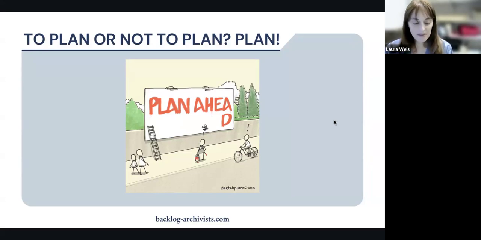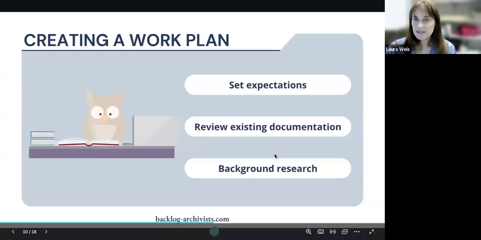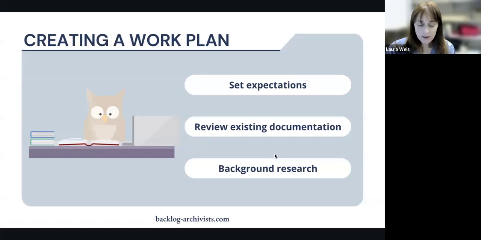So with all that said, that can bring us to creating a work plan on our next slide. What are some of the things that you can include in a work plan? I should say up front, these stages are largely drawn from Dennis Meissner's book, Arranging and Describing Archives and Manuscripts, a Society of American Archivists publication.